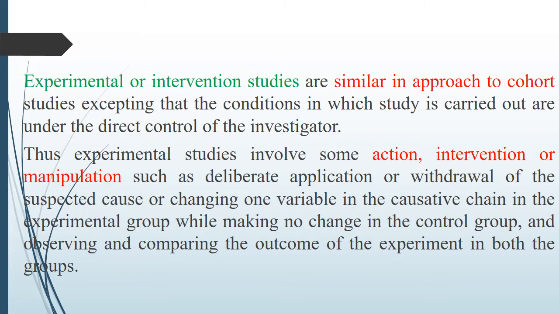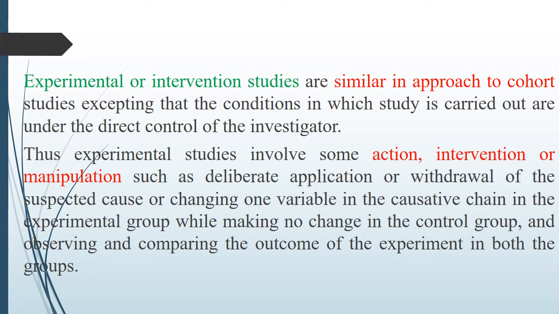For example, in cohort study we will not give any kind of drug or do any interventions like drugs or diet. We will not give anything. But in experimental or intervention studies, we are giving some kind of drug or diet, we are doing something, and we are seeing the effect by giving something.